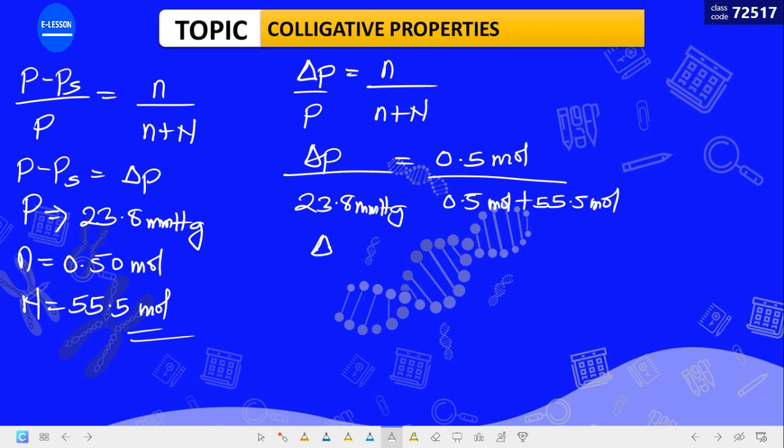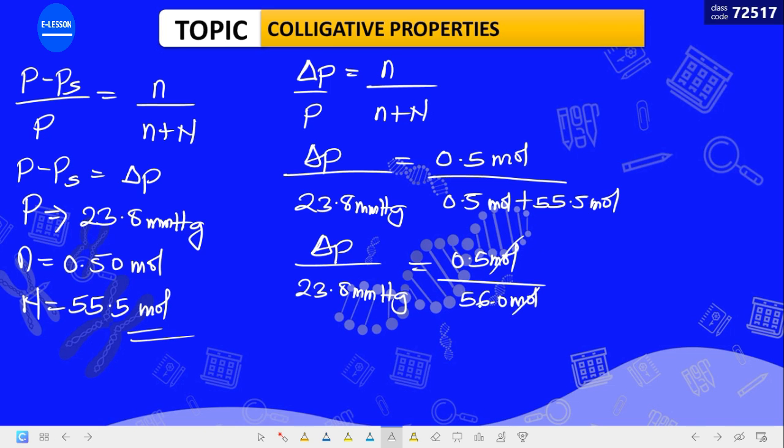When you add everything together, 55.5 plus 0.5 will give us 56.0 mole. Mole cancels mole.